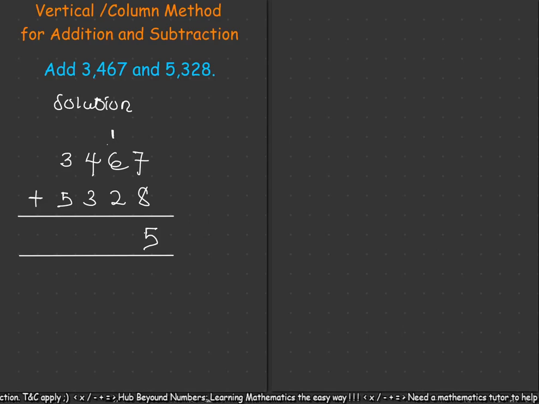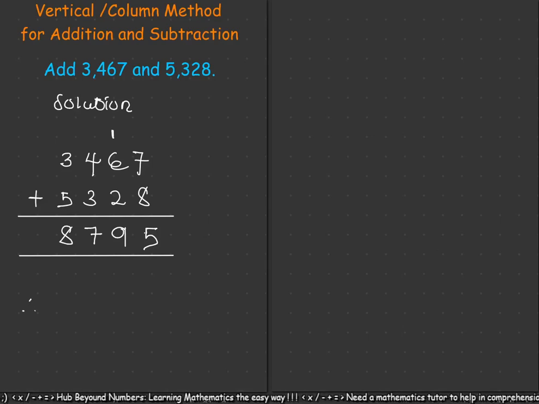If it is carried to the next column, we now have this 1, plus 6 plus 2. You see, 1 plus 6 plus 2 gives us a 9. So 9 can be written here. Then 4 plus 3 also gives us a 7. So we have that 7 over here. Then we have 3 plus 5, which also gives us an 8. And that is all.